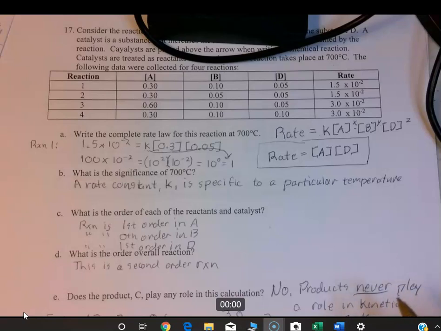Now, if you're figuring out a rate expression and you want to know how much of the product C is produced when so much of reactant A is used, like we did earlier in this assignment, yeah. But when you're doing a rate law, no, they have nothing to do with it. Okay, so that takes care of question 17.